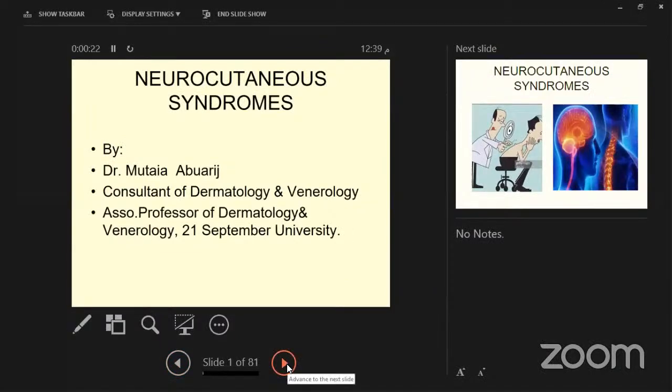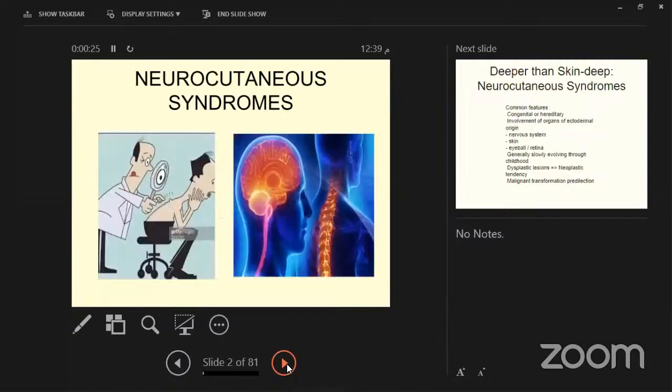Bismillah. Our presentation today is about neurocutaneous syndromes. As we say, the dermatologist often inspects more than palpates in examination, while the neurologist works deeper than the skin.